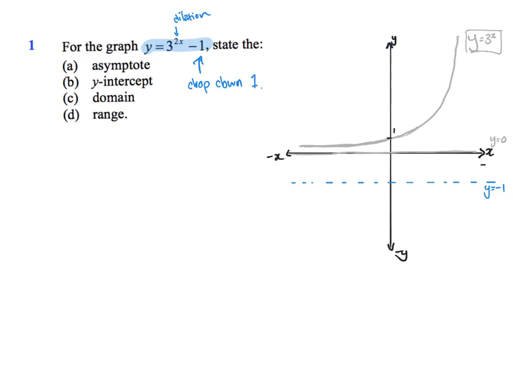All right, so I'm going to say you're not really going to see the dilation. Now, if the basic graph has an intercept at 1 and you've dropped it down 1, where's it going to intercept here? At what? 0, good. So you're going to go like that. All right, mine's pretty bad, but anyway.